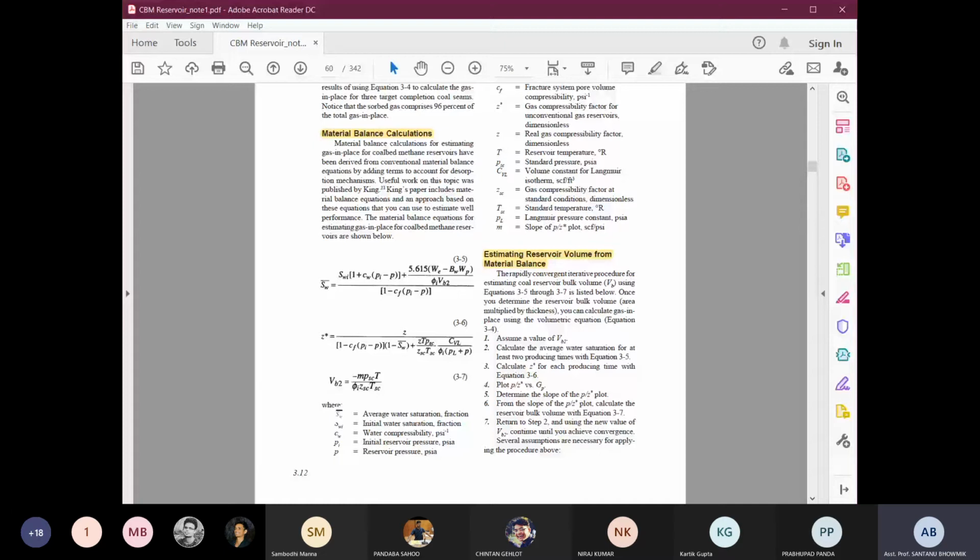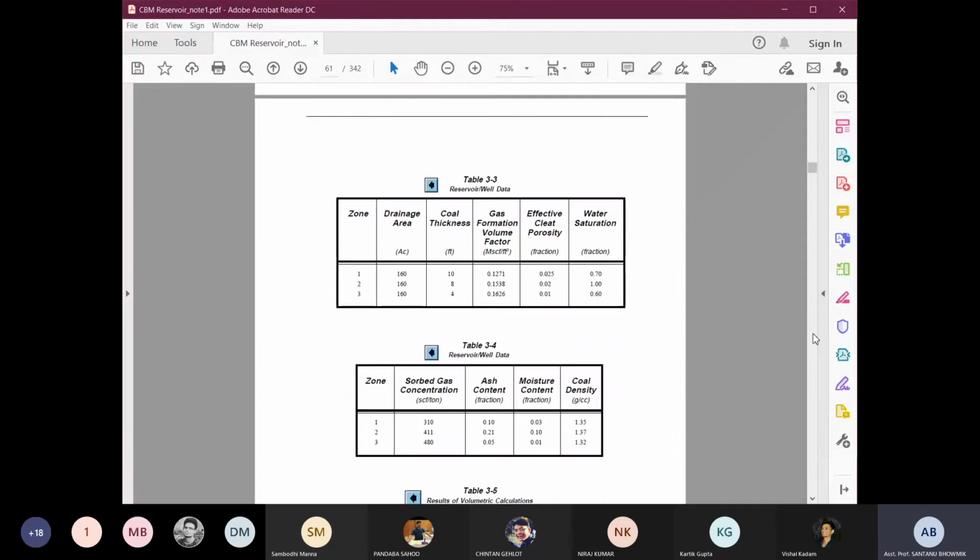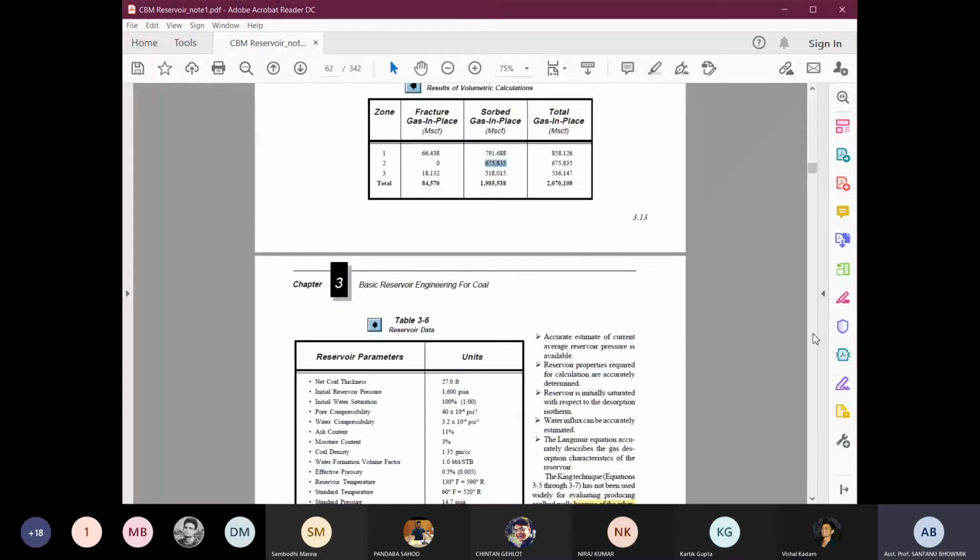This is our base equation to estimate the total volume adsorbed or the total gas content staying there, based on the applicability of the real gas law. I'll show you later how this testing and calculation is done. Although it is very complex, if I show you the step-by-step process, you will be able to understand.